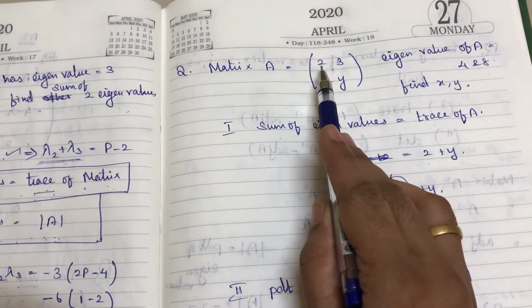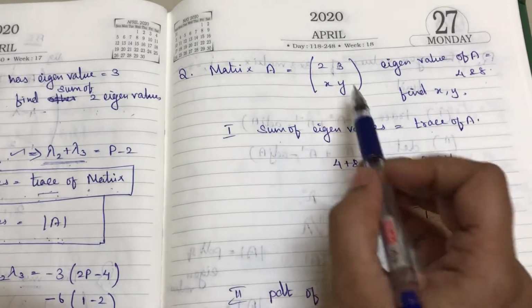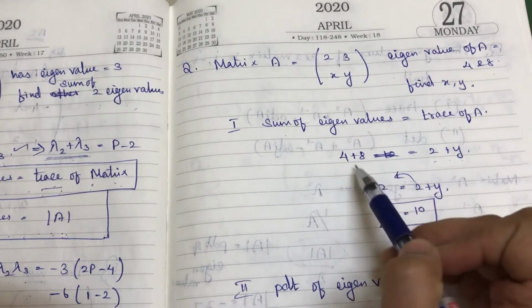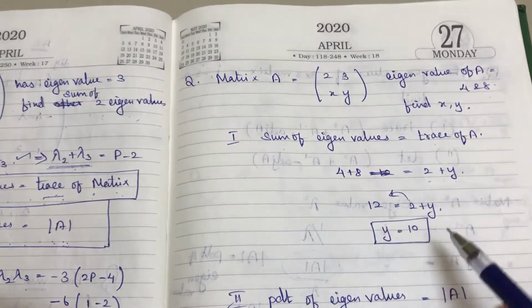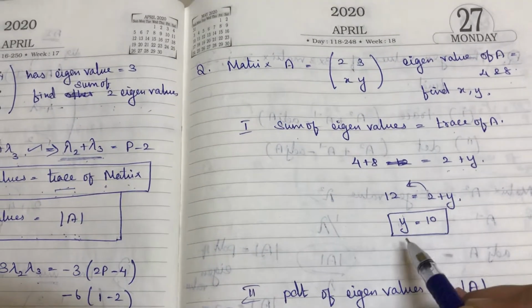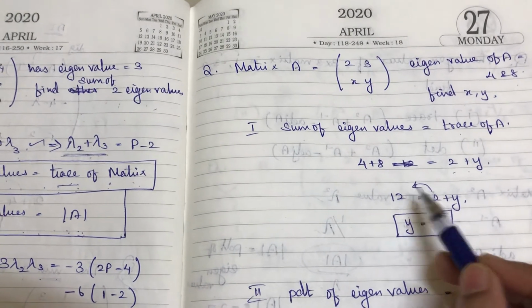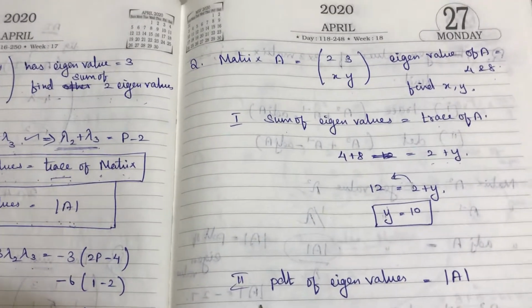Diagonal is what? 2 plus y. And what is the sum of eigenvalues? 4 plus 8 is 12, which is equal to 2 plus y. So what is the value of y? Subtract 2 here, so the answer will be 10, right?